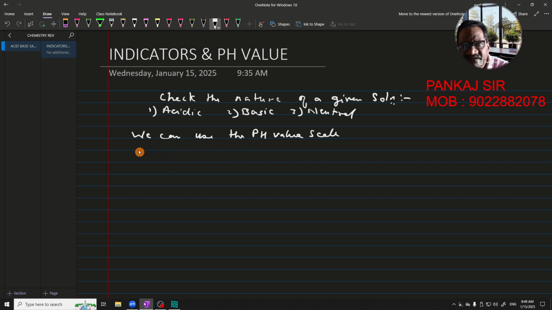First we should understand what the pH value scale is. This pH scale runs from 0 all the way to 14.